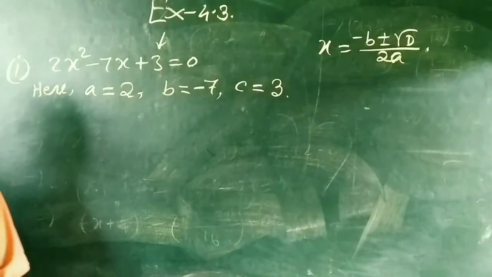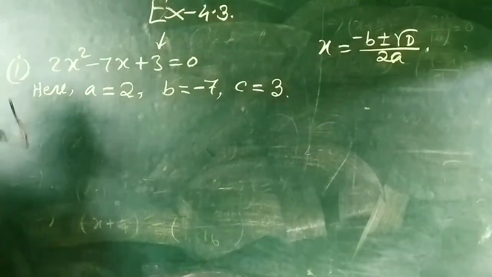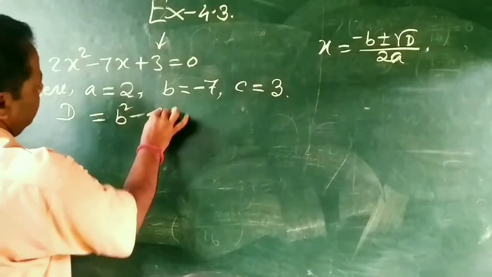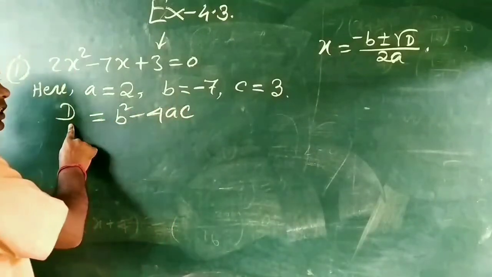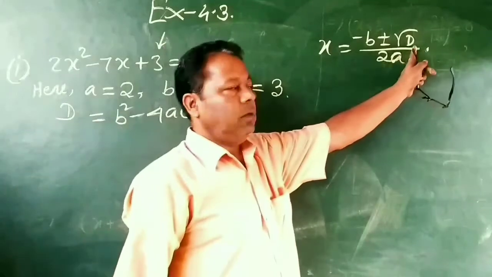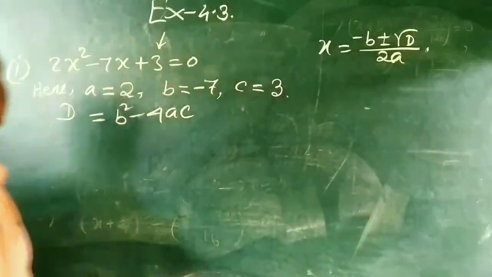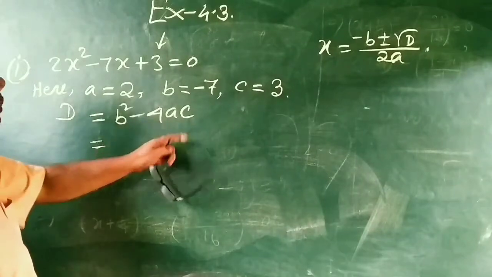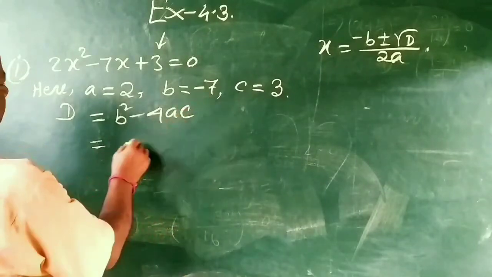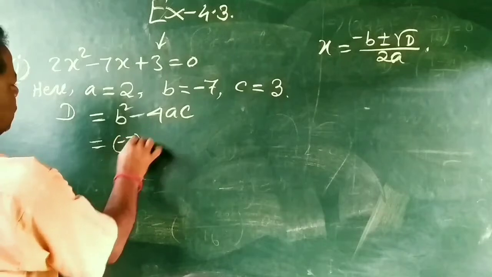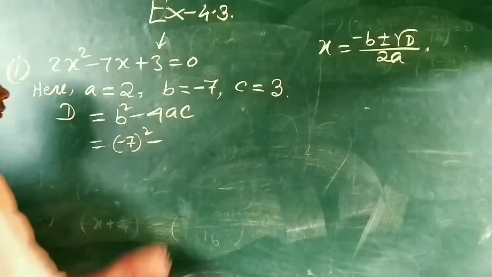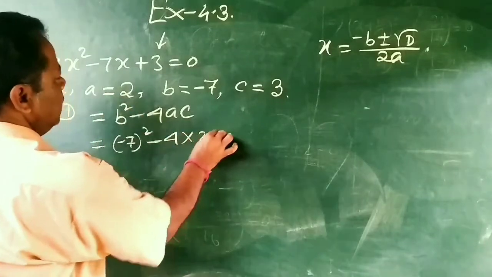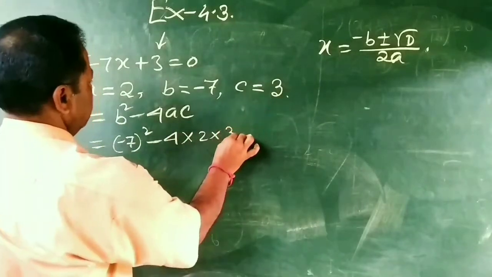Now first we have to find the discriminant D, whose value is b square minus 4ac. The value for D we use in the quadratic formula. So here D is equal to b square minus 4ac. The value for b is minus 7 and its whole square, minus 4 into a, the value for a, that is 2, into c, which is 3.